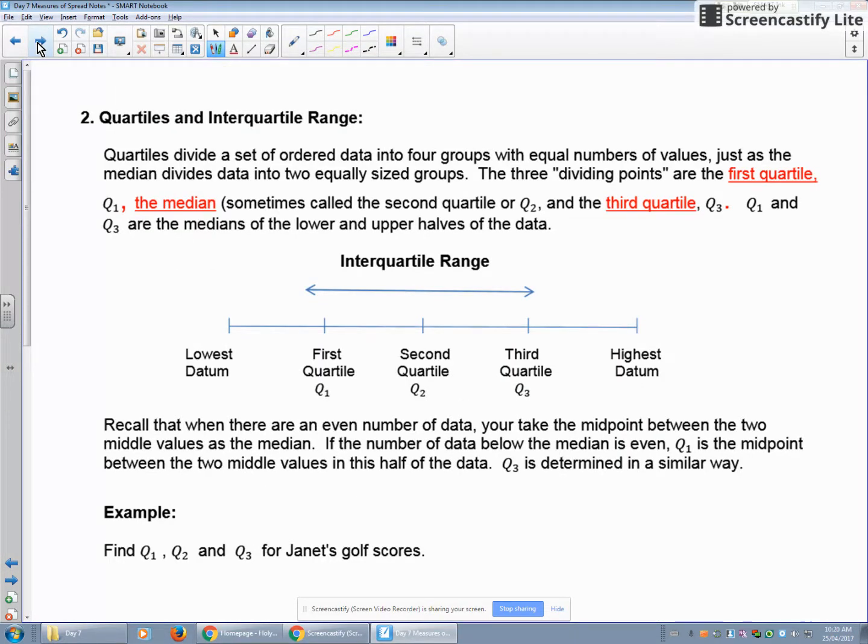We want to look at quartiles and interquartile ranges. The idea behind quartiles is to break everything up into quarters, right? We take a dollar that breaks up into 4 quarters. We're going to take our data set and break it up, instead of just halves, when we find the middle point, that's our median value.